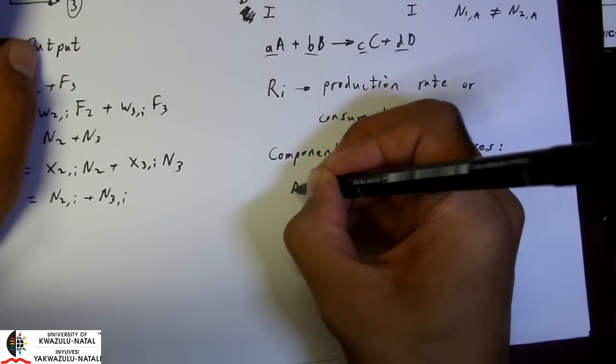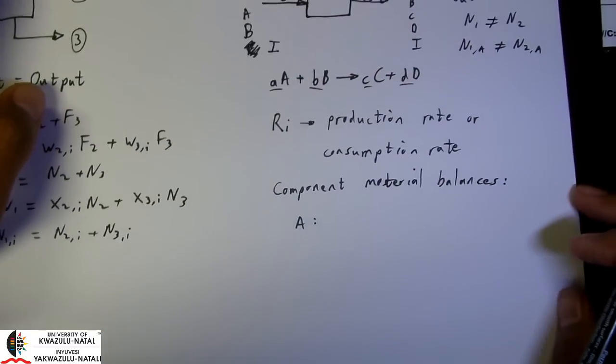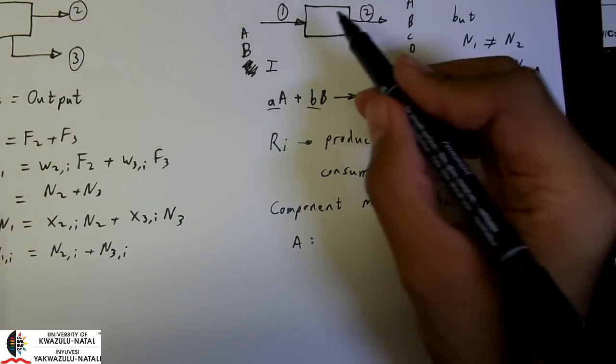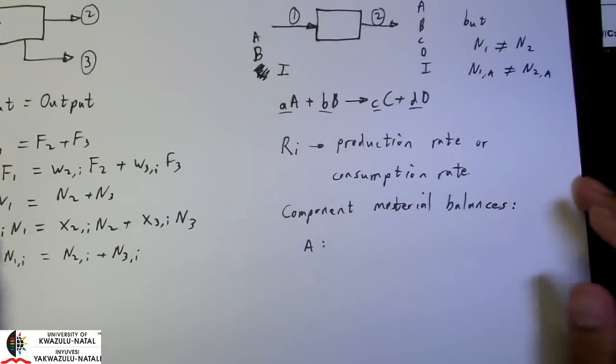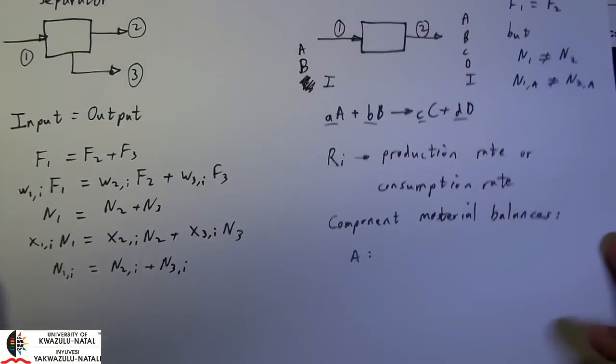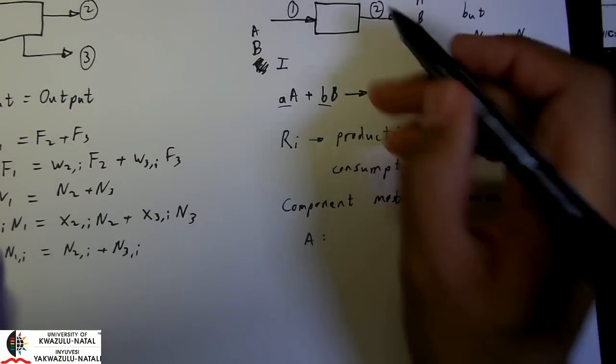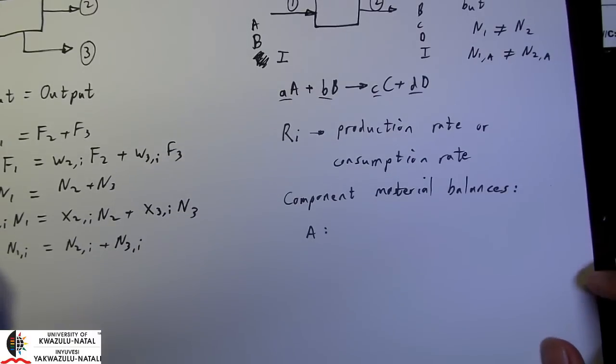In the case of component A, we don't have a case of in being equal to out. For a separator, input is equal to output. However, in this case, our output is not simply equal to our input.